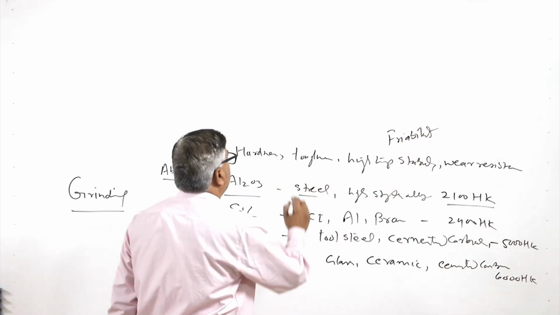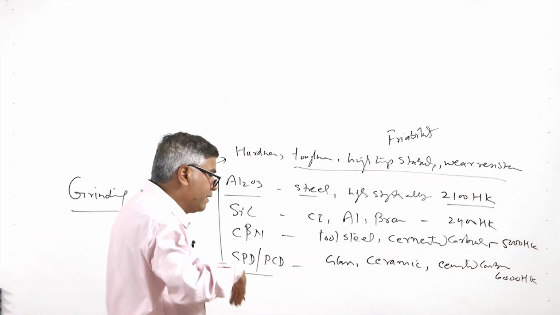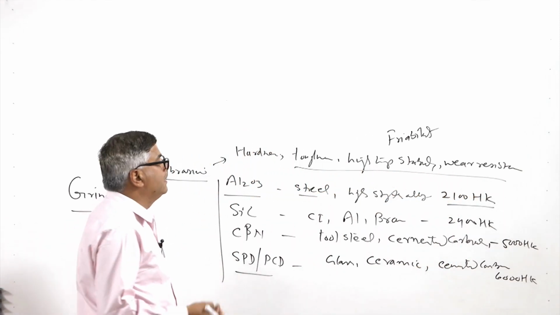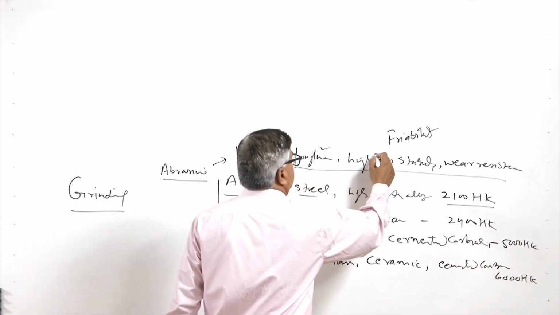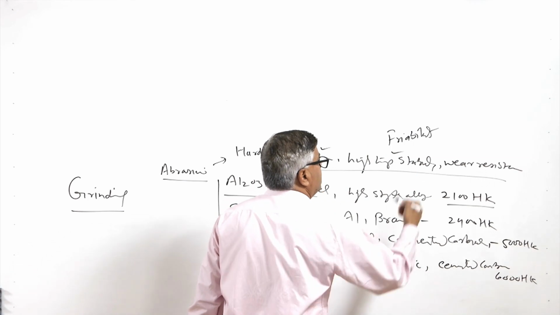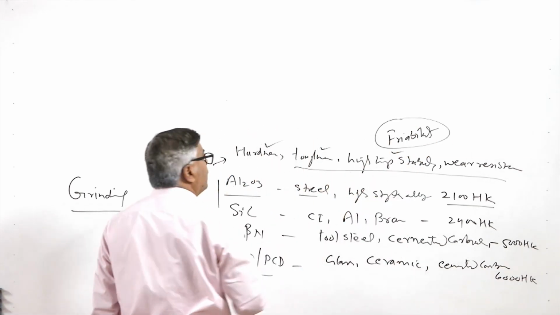All other things we have already explained from the properties required in any other tool material, similar properties like hardness, toughness, high temperature stability and wear resistance, but friability is unique to the abrasives.